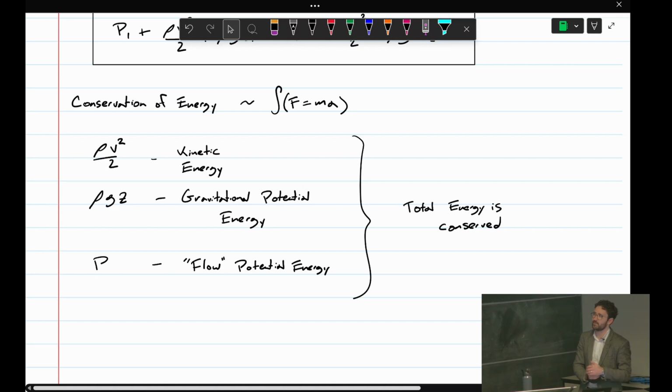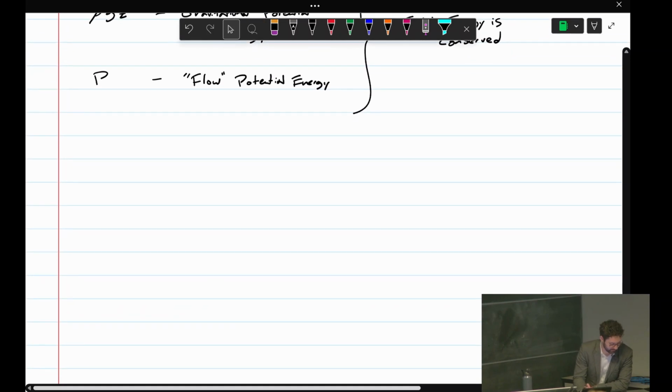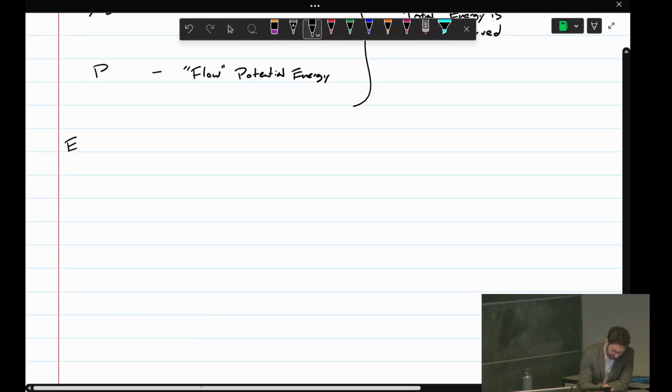But are there any questions about these different types of energy in a fluid? No? So we're going to do an example now. It's going to be a little bit interactive.